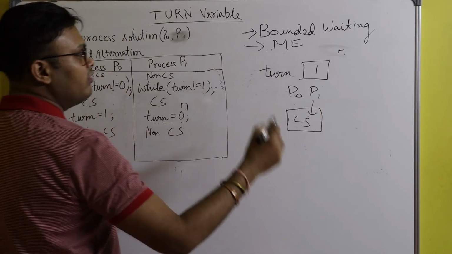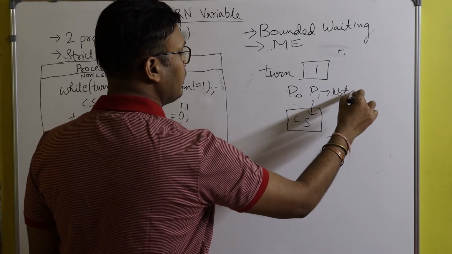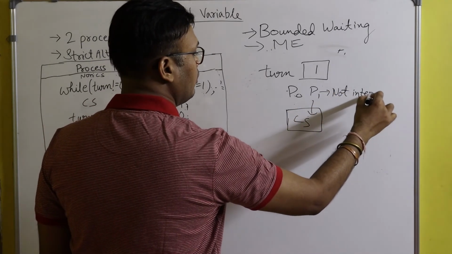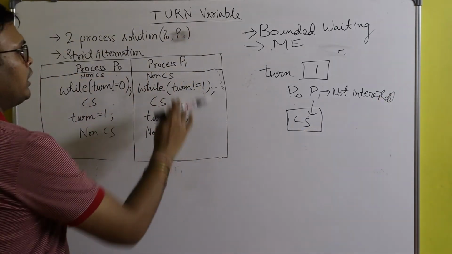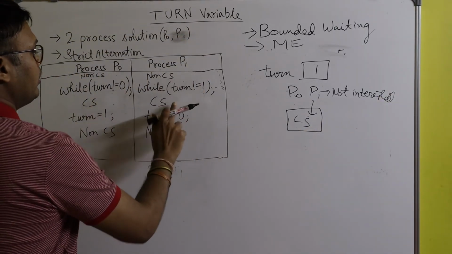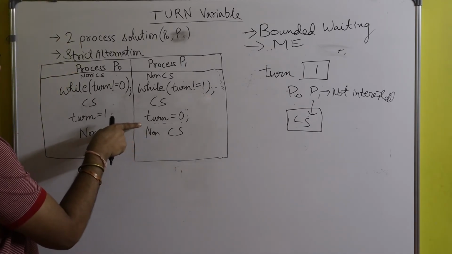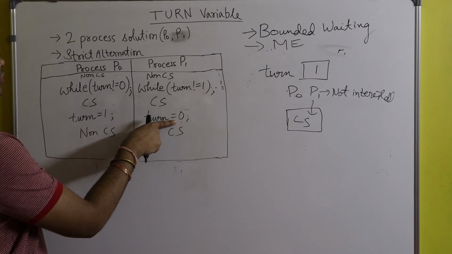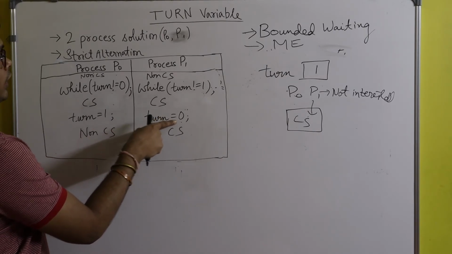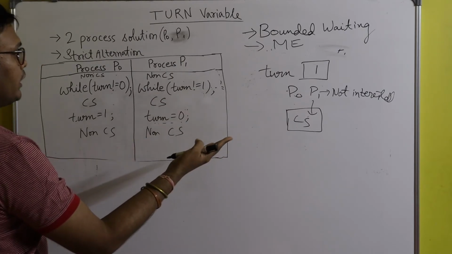But suppose P1 is not interested to enter. Then definitely P1 will not enter, and since P1 will not enter the critical section, P1 will not make the value of turn as 0.